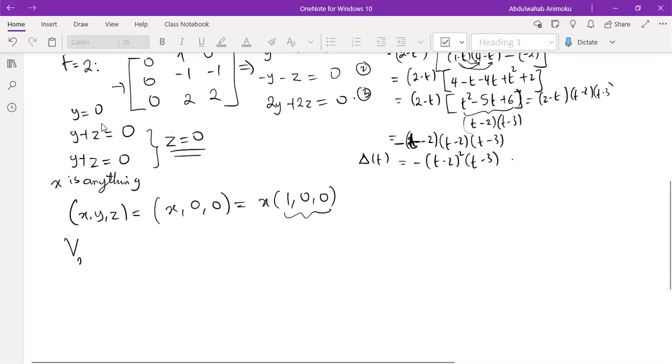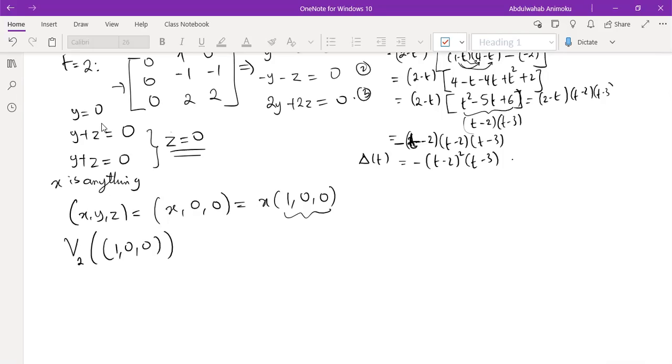So for the eigenvalue of 2, the eigenspace would be spanned by this vector.